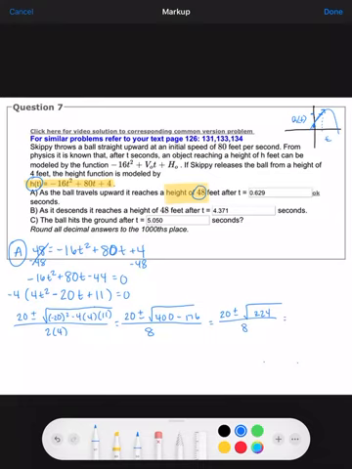over 8, and then I want to try and reduce this by factoring. 56, 2 and 28, 4 and 7. Okay, so it looks like I can take out a 4, and then I'll be left with 14 inside.